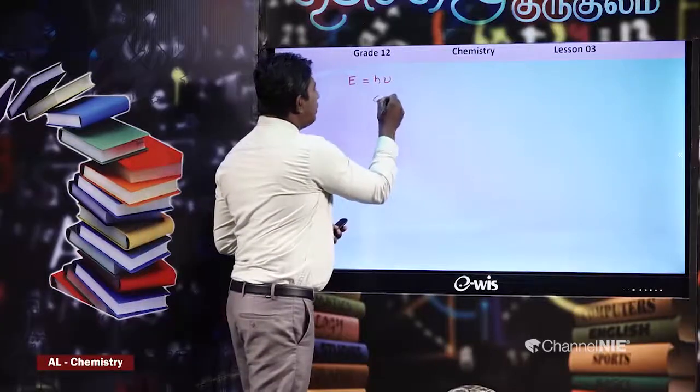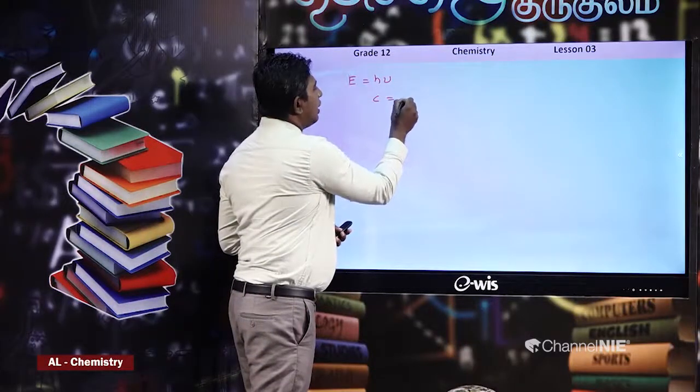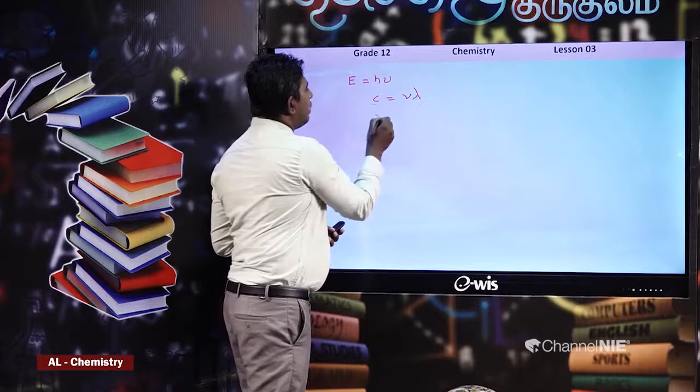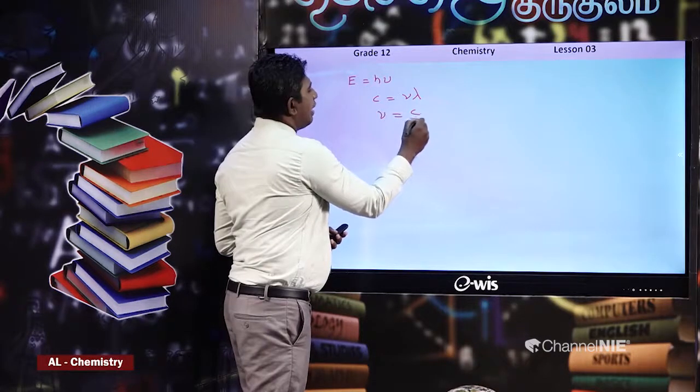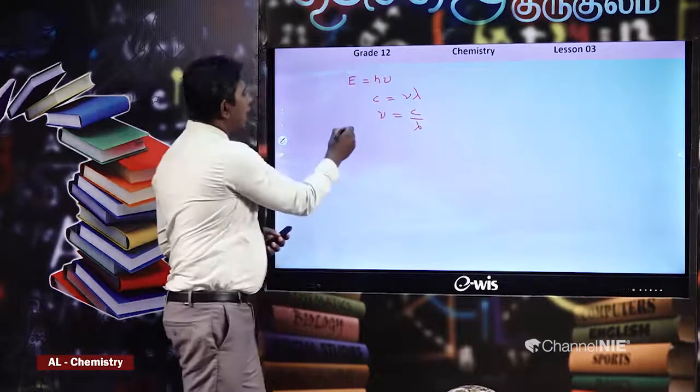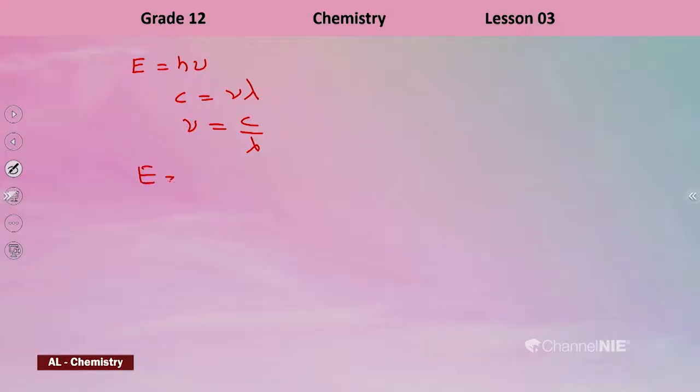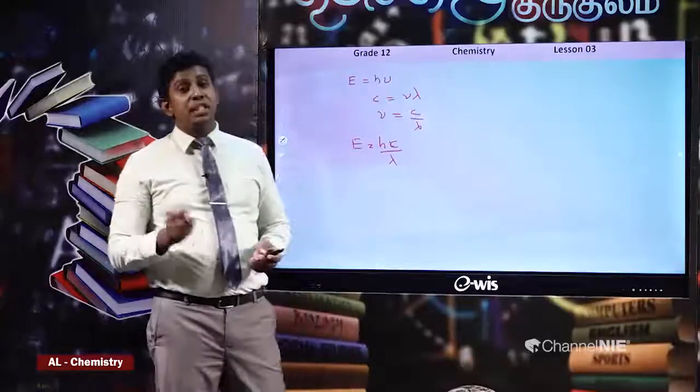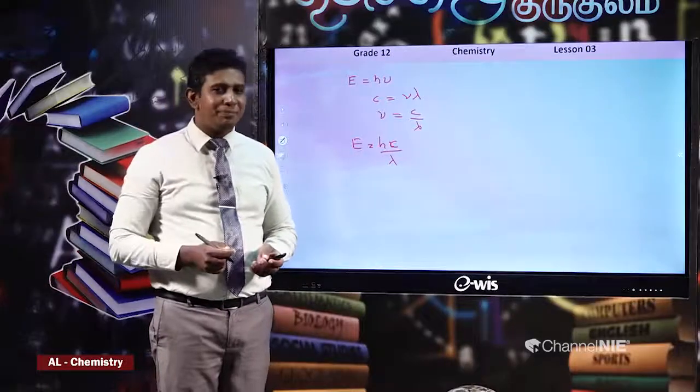So then we could use C equals nu lambda. Then you find nu equals C divided by lambda, then substitute it there. The same equation we could write in this way as well: hc divided by lambda equals E. E is the energy amount standing for one photon.